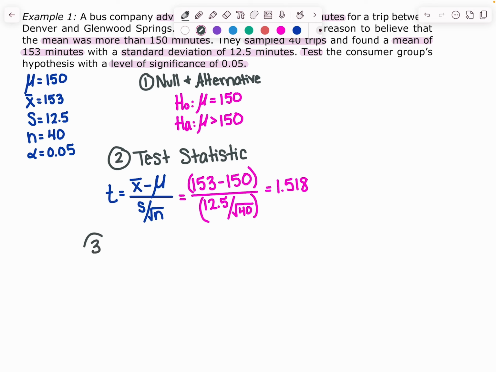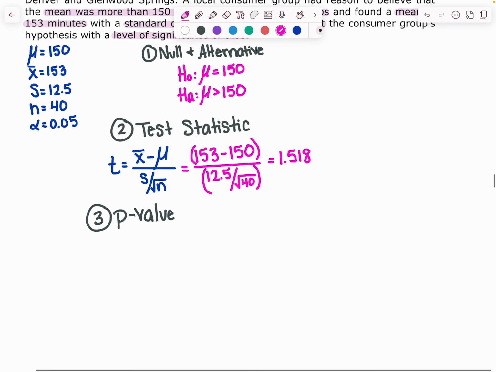Step 3 is our p-value. So now we have a new distribution, the t-distribution. So we can't use the normal distribution to calculate the p-value that we're used to. So what we're going to use instead is the t-distribution.